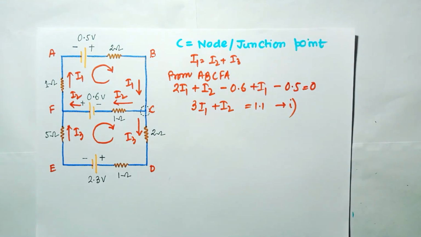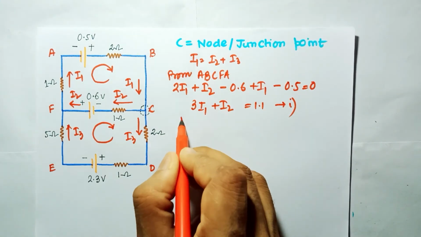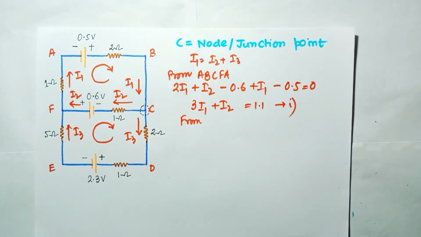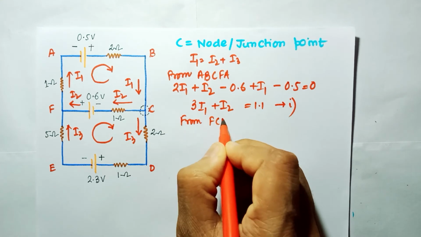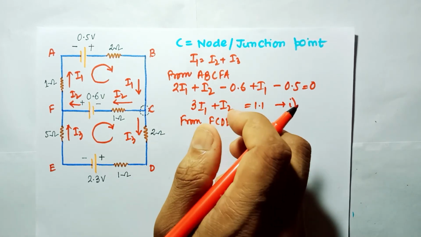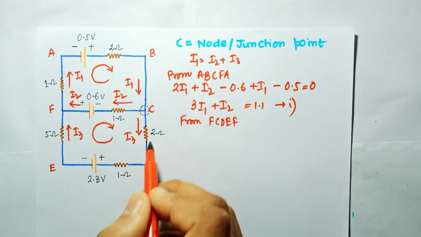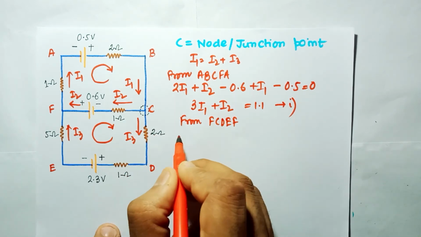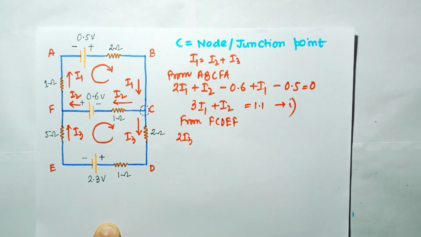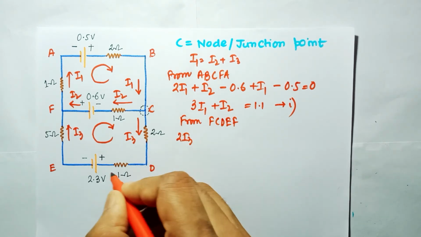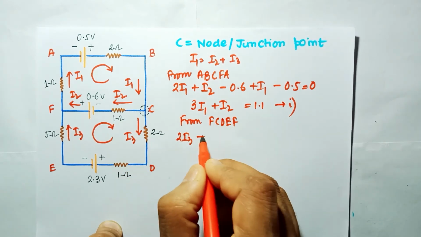And now from the loop FCDEF, we will write, I will be traversing in this direction, so from 2 ohm the current passing is I3, so 2 I3. Then in this 1 ohm the current is also I3, plus I3.